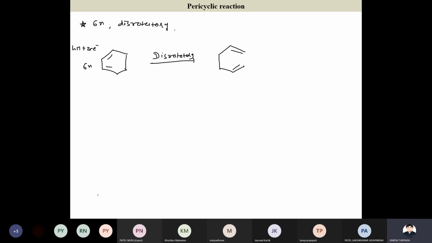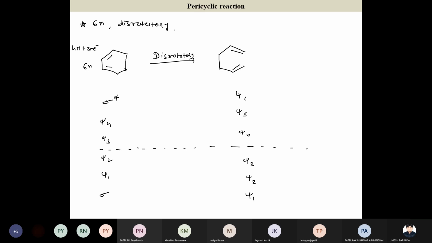In this case there is sigma, sigma star, and psi 1, psi 2, psi 3, psi 4. But see here the motion is disrotatory, so which symmetry is to be considered? Mirror plane. What about sigma in the mirror plane?